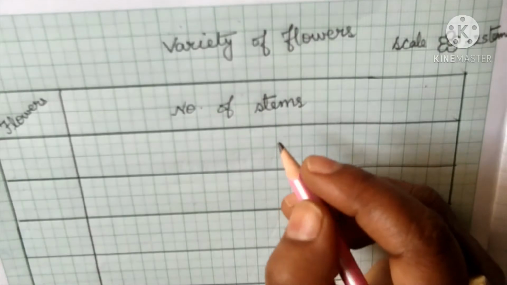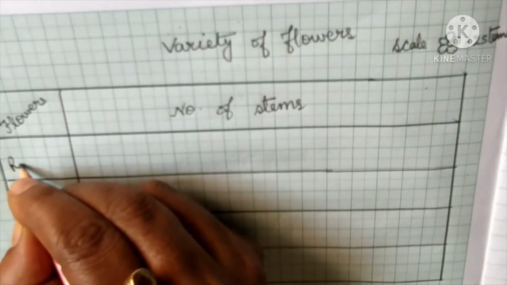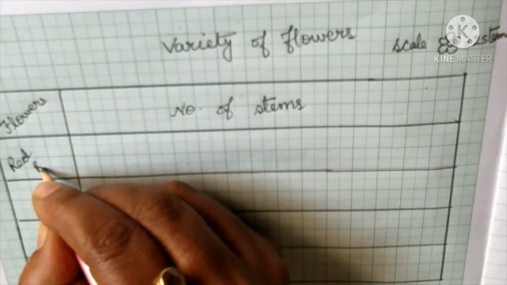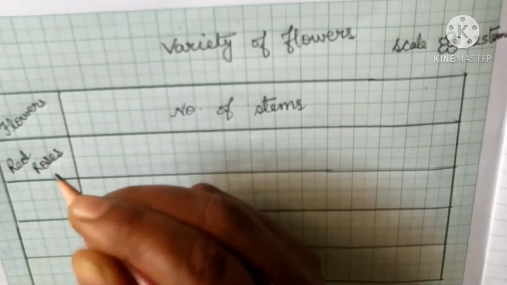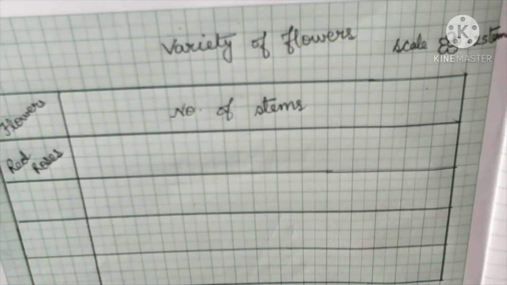Okay, the first one is red roses. Since we are talking about red roses, we can use the color pencil.